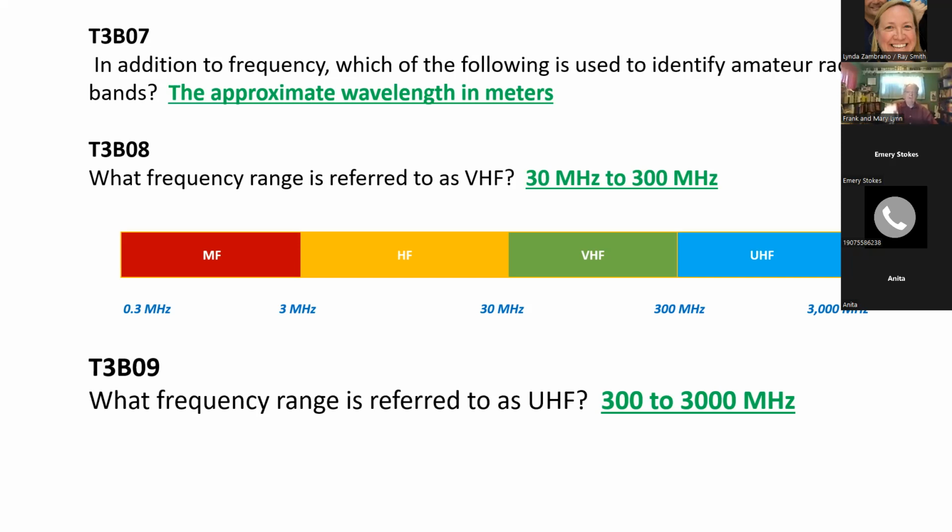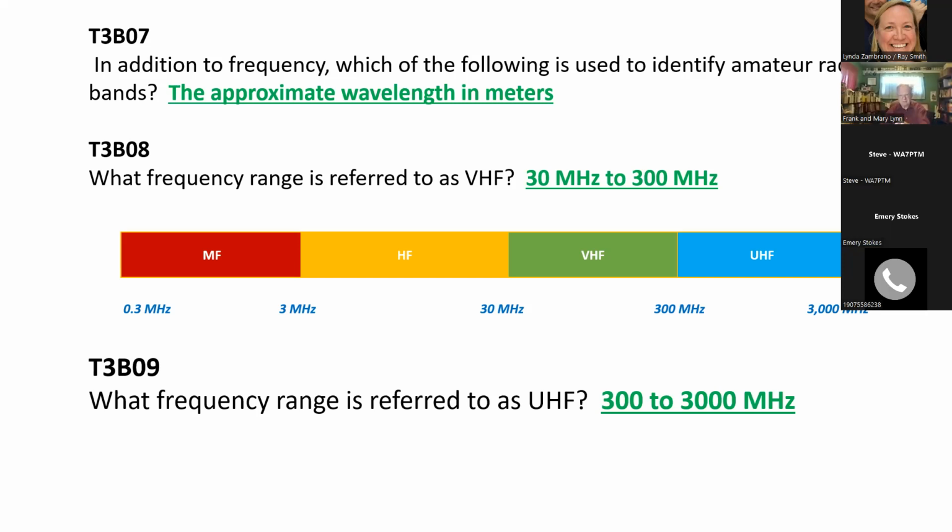Now, let's go to super high frequency. That's right above ultra high frequency. What would that be? Look at the UHF. What would be the next band up? Move your decimal point over just a factor of 10.